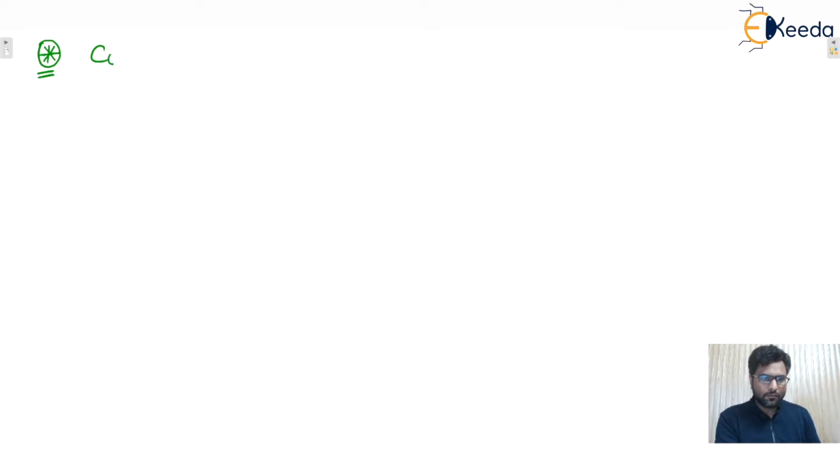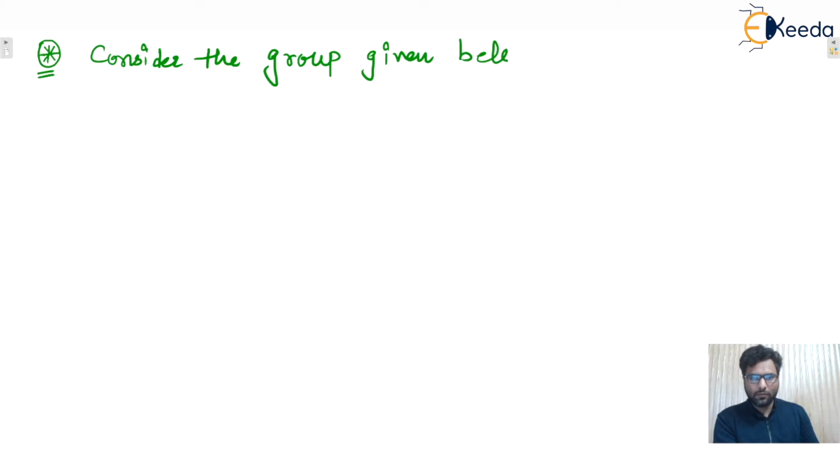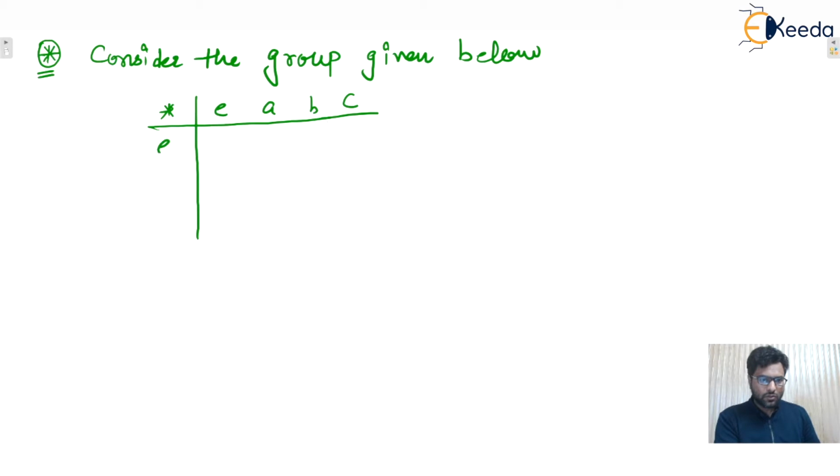Let us consider the group given below. I have taken this example many times, so everybody knows this is not only a group, this is an abelian group as well.